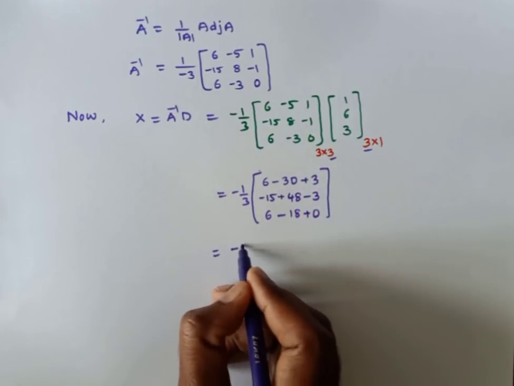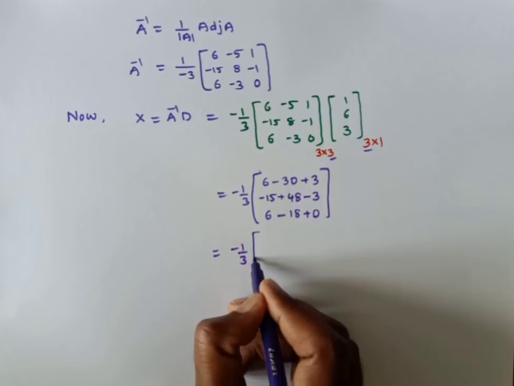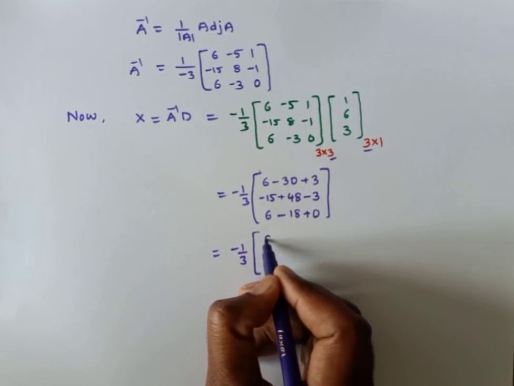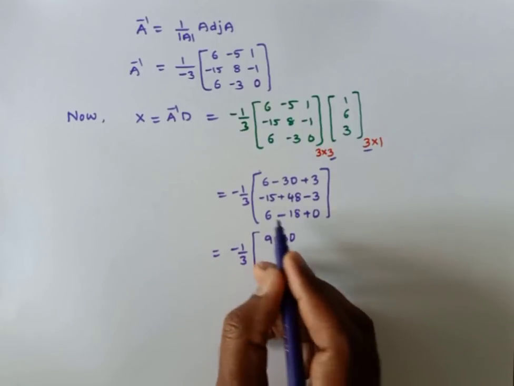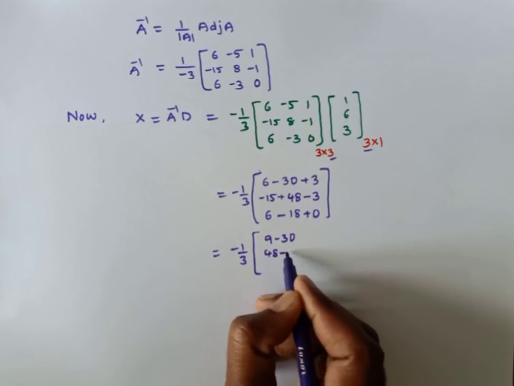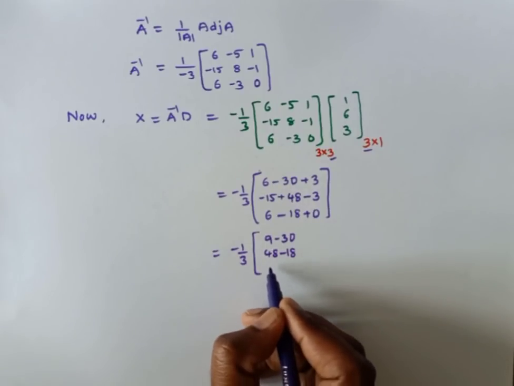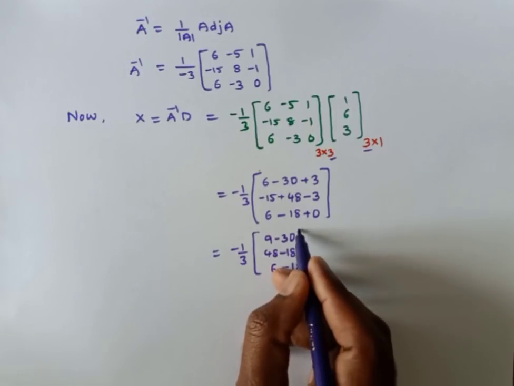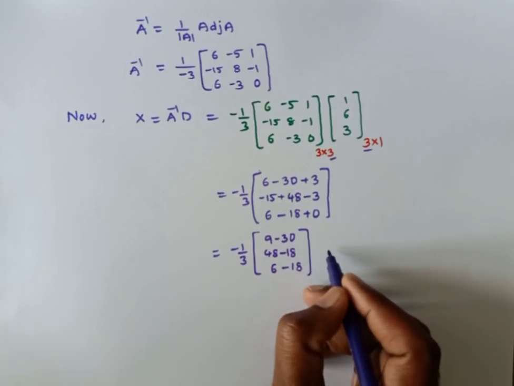Now, it is minus 1 by 3 times: 6 minus 30 plus 3, that is 9 minus 30; 48 minus 18 minus 15 and this is 6 minus 18.